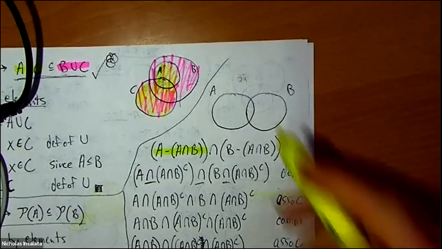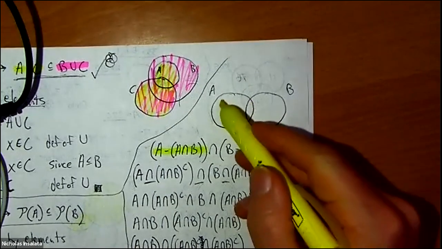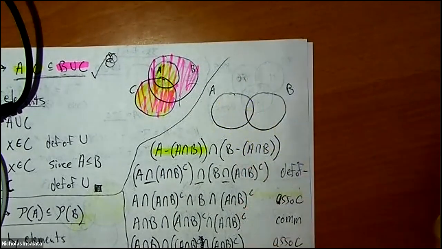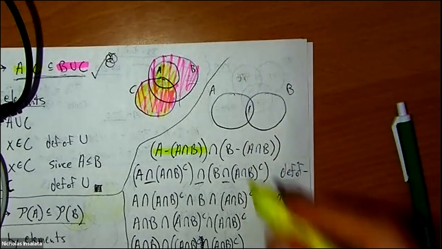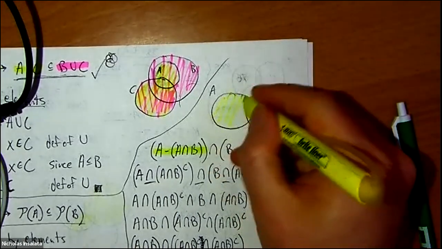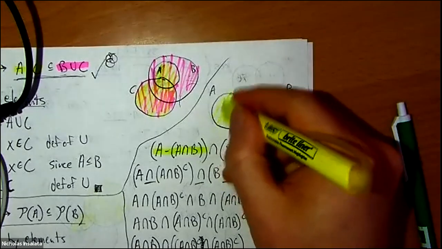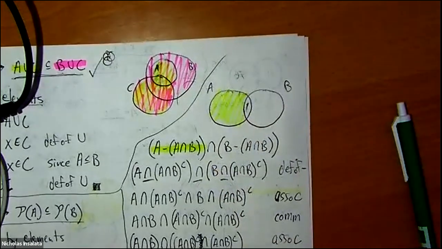A minus B, yeah, it's just the left side of A. Because if you take A and then you subtract off the center here and get rid of that, well, all that's left is this side, right?